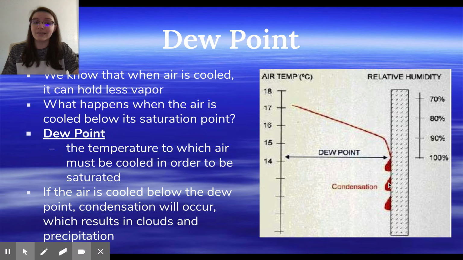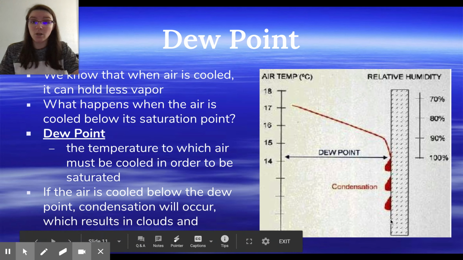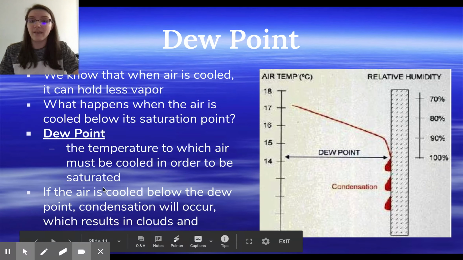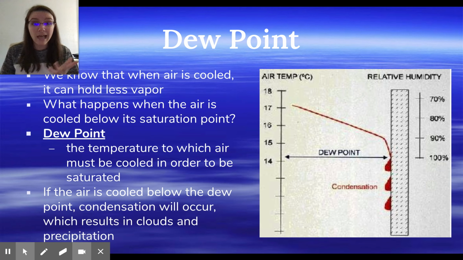If the moisture levels stayed exactly the same and we just dropped it down to 14 degrees Celsius, there would be 100% relative humidity. If I tried to go any colder, then the air can't hold that much moisture anymore and it condenses. So if air is cooled below the dew point, condensation occurs, you get clouds, fog, precipitation.